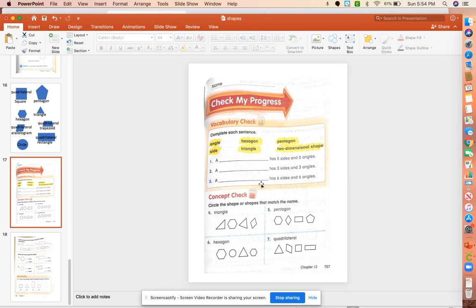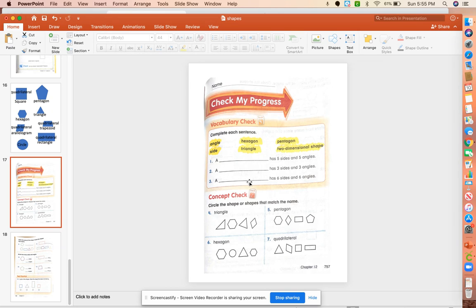So which one of those shapes have 5 sides and 5 angles? Write that right there. Number 2, a blank has 3 sides and 3 angles. Go ahead and write whatever shape that is called right here. And number 3, a blank has 6 sides and 6 angles. Just write whatever shape it is on the line.